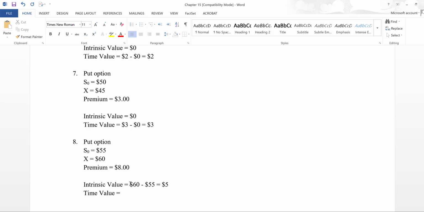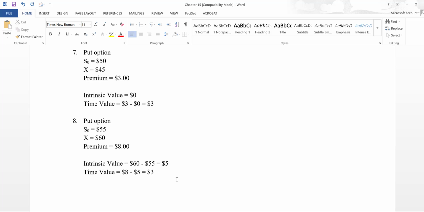Remember, we're talking about the payoff here, not the net profit. So what is the immediate payoff from exercising this put option? It's $5. What's the premium you're paying? $8. Out of that, $5 is the intrinsic value of the option, and the time value would then be $3, right? So $5 intrinsic value, $3 time value.